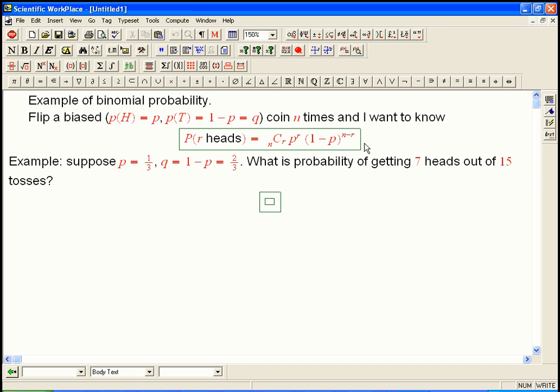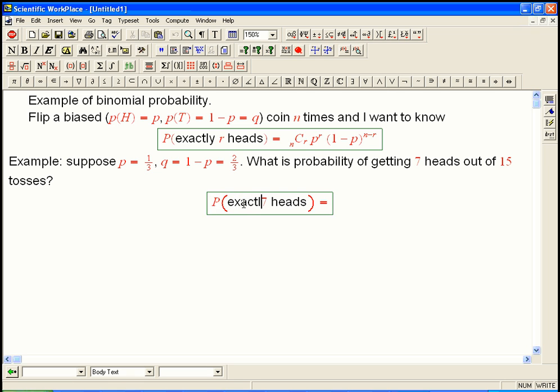And there's this wonderful formula we've derived. It's pretty nice. The probability of 7 heads in any order. Remember, this is just the total number being exactly. It's not at least. It's not at most. It's exactly. The probability of getting exactly 7 heads is going to be.